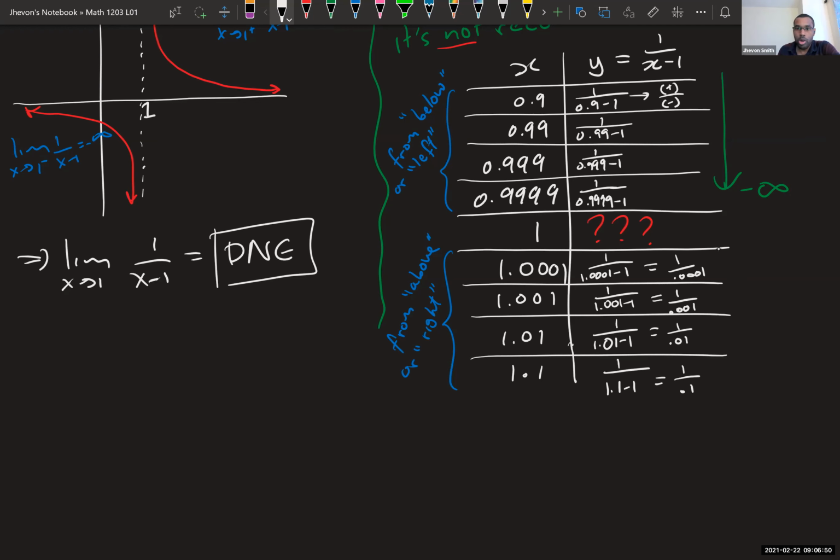So the numbers are getting smaller in the denominator, but they're staying positive. So coming from this side, you'll realize that this is approaching positive infinity. Then you realize these two don't agree. So that tells you the limit does not exist.